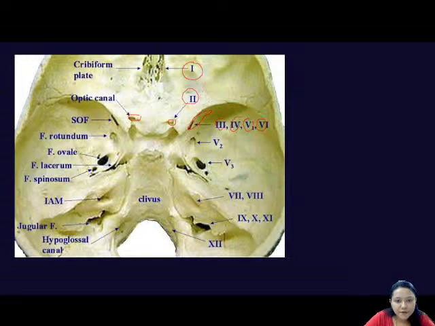Then you have ROS: through rotundum, the maxillary nerve passes; through ovale, the mandibular nerve; and through the foramen spinosum, the recurrent branch of V3. I hope it is clear. And through the internal acoustic meatus, we have the facial nerve and the vestibulocochlear nerve, the 7th and 8th nerves.